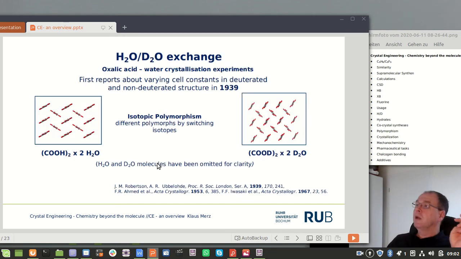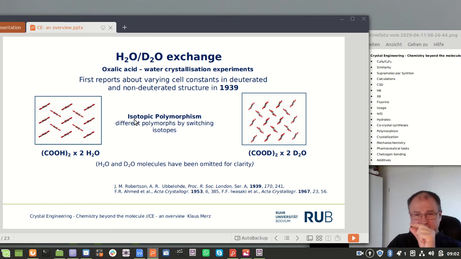Yeah. When we go on from fluorine, we go on to hydrogen-deuterium exchange. So we look for substituents which have really tiny effect on intermolecular interaction. And so we said, what's going on if we switch from hydrogen to deuterium?